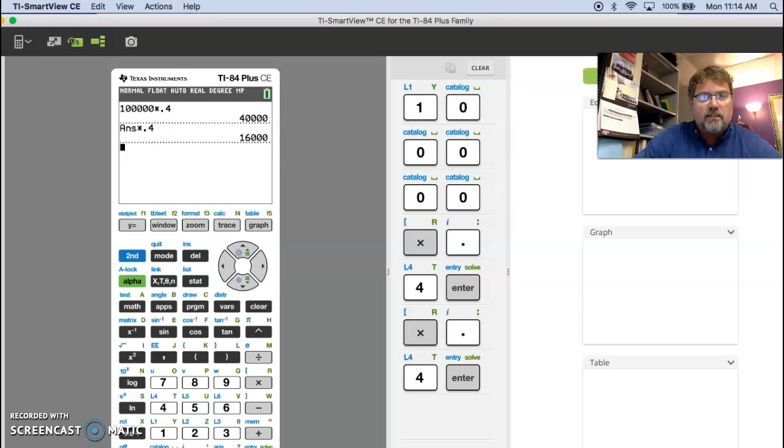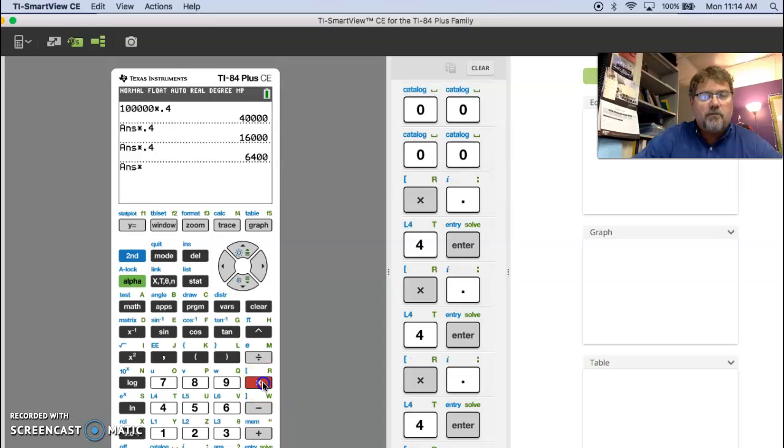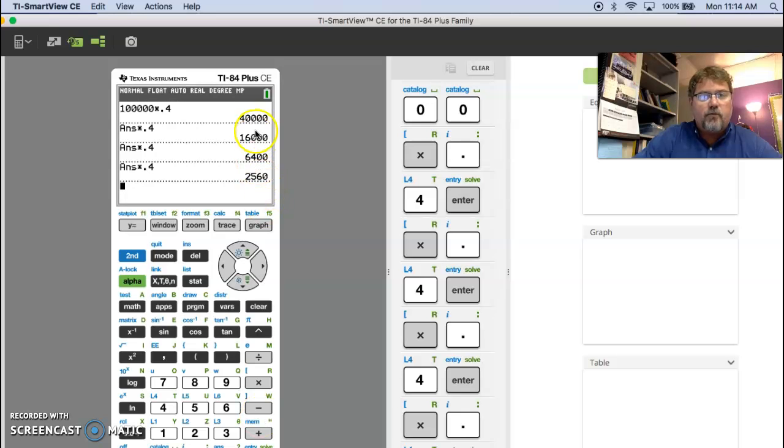And we get 16,000 pieces times 0.4. And so there's the first, second, third times 0.4 again. And there's my 4th day. So I'll have 2,560 pieces left after 4 days.